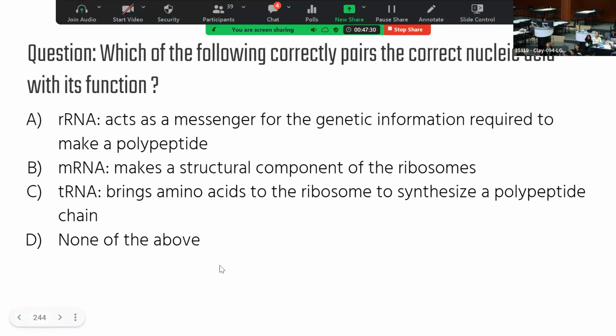Which of the following correctly pairs the correct nucleic acid with its function? Does anyone want to shout out an answer? C. So we have tRNA there, brings amino acids to the ribosome, synthesizes that polypeptide chain. Lovely, lovely.